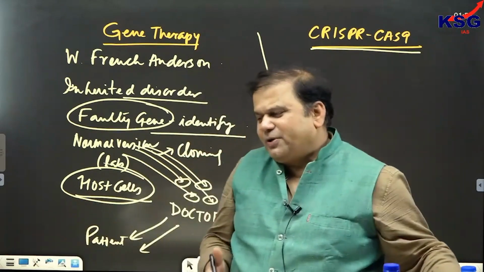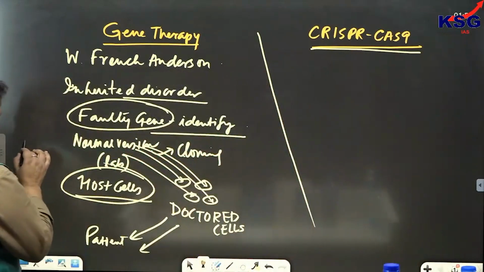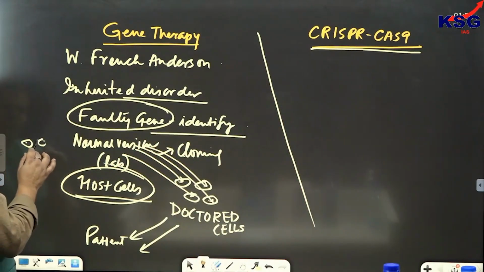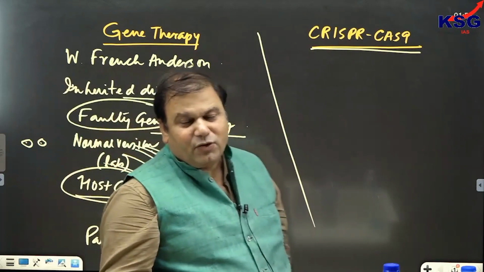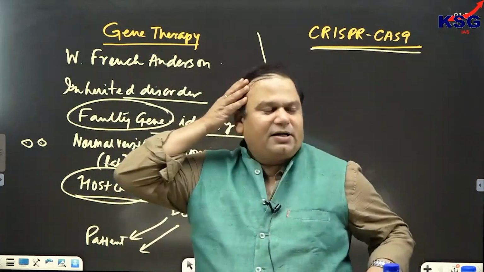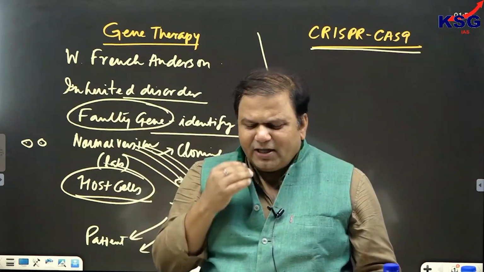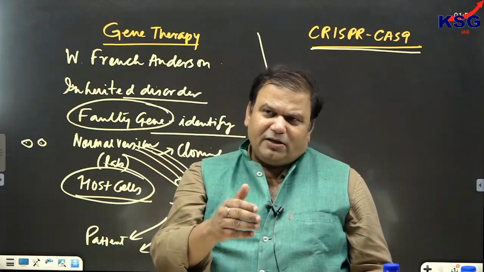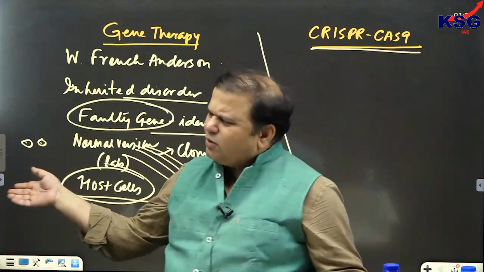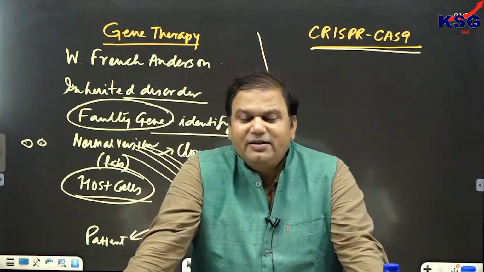Now see, you cannot replace all the cells by gene therapy. Reproductive cells, excluding those, all the other cells in your body are called somatic cells. So when gene therapy is conducted, it would be conducted for only somatic cells. The disorder would be returning back in the next generation.